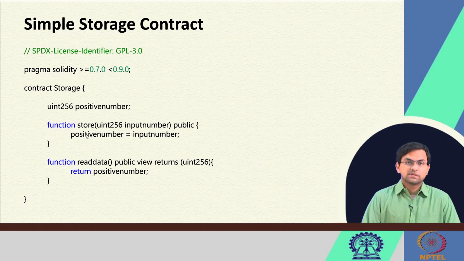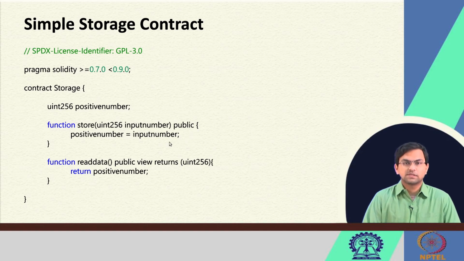For changing the value of this variable, we use one function called store. So, function store takes one input, which is of the same type, unsigned int 256, and then we define it as public. What public means is it can be executed from outside the contract, by users.